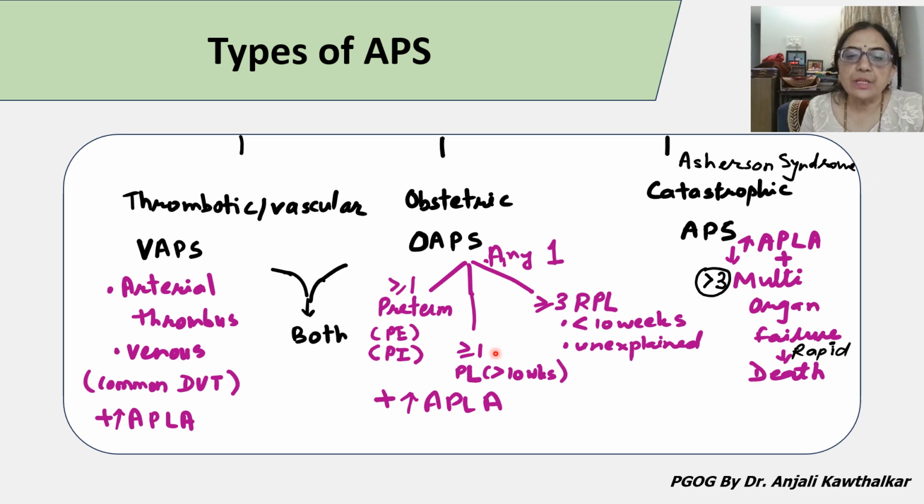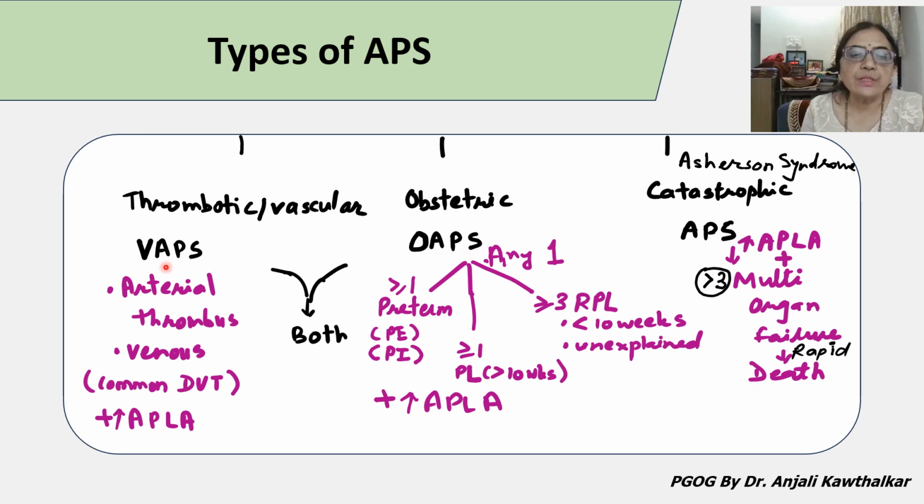So any of these three: either history of preterm delivery because of preeclampsia or placental insufficiency, or a pregnancy loss greater than 10 weeks where no fetal abnormality is found, or greater than or equal to 3 recurrent pregnancy losses very early, less than 10 weeks and unexplained. Any one of these along with raised antiphospholipid antibodies is the definition for obstetric antiphospholipid syndrome.